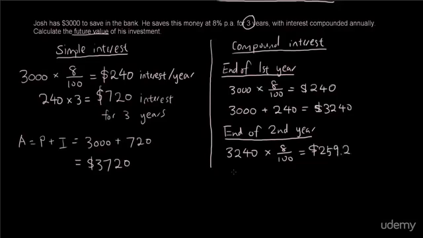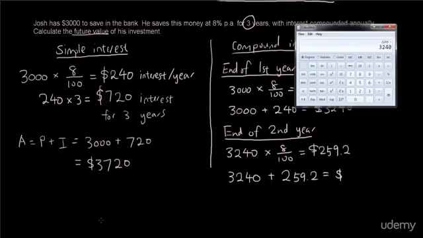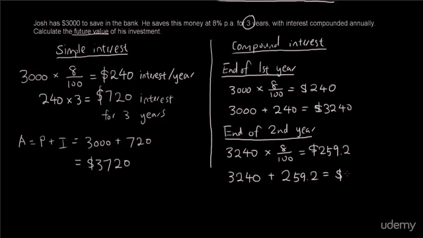And then, so our principal was 3,240. Add the new interest, which is 259.2, and we get 3,499.2.